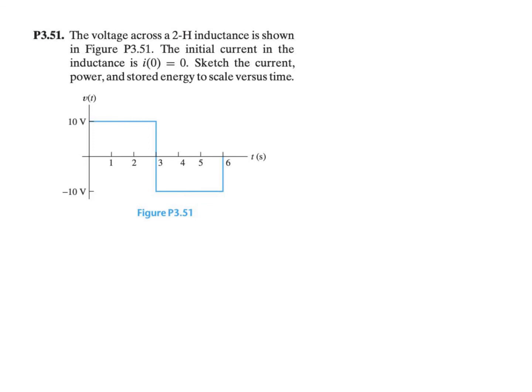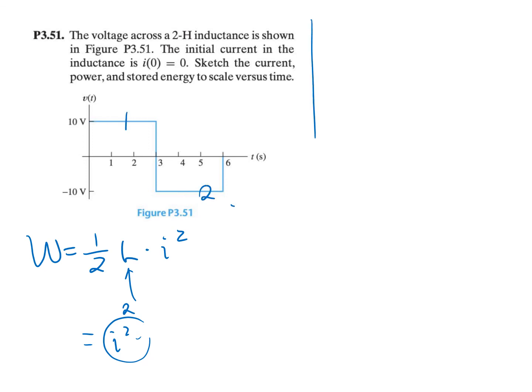Finally, to plot the diagram for the energy, we have W is equal to 1/2 L i squared. L is 2 here, so that's i squared. Similarly, we can draw for these two parts. For the first part, i is 5t, so i squared is 25t squared.